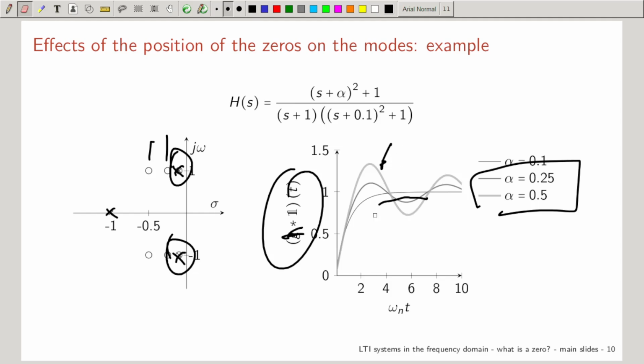But do you see how the amplitude of that mode depends on the 0 position? You see that somehow at 0.025 you are closer to the pole, at 0.5 you are farther from the pole. In a certain sense, the amplitude of that mode depends on it. The effect of a 0 is kind of dampening out the modes.